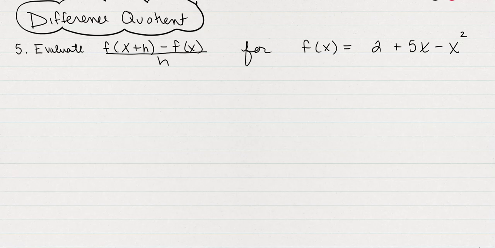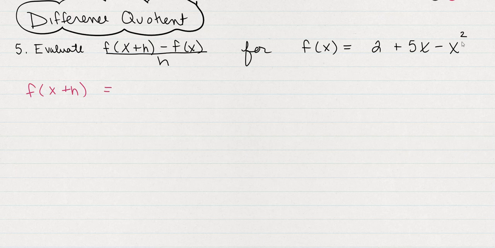Let's look at the difference quotient. I showed in previous videos and in class a method that I like to use for this to keep it really lined up easily. I'm going to evaluate this f of x plus h.